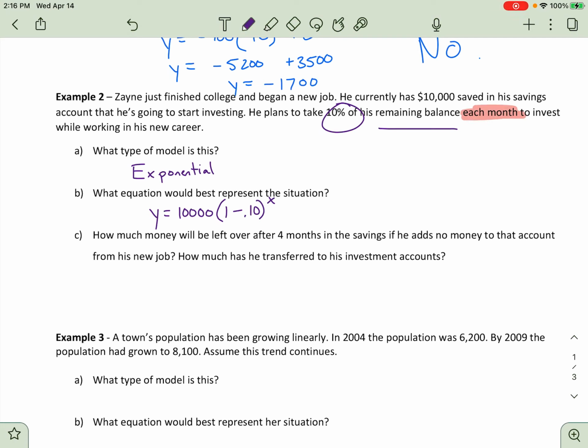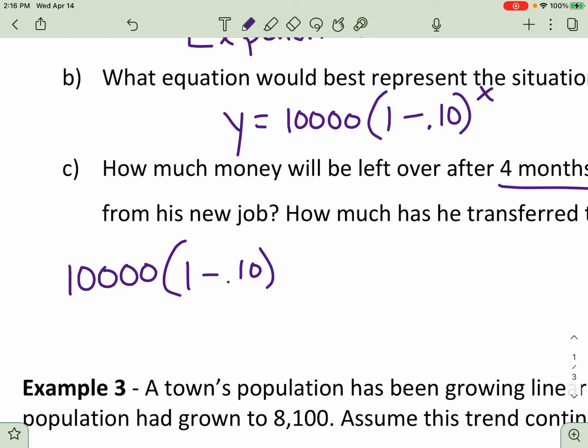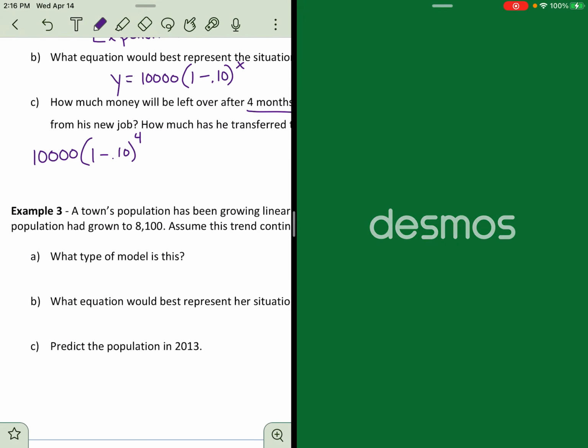How much money will be left over after 4 months in the savings if he adds no money to that account from his new job? And how much has he transferred to the investment accounts? This is a two-parter, so let's go ahead and use Desmos and plug this in. So 10,000 times 1 minus 0.10 to the 4th power, because that's how many months. Plug that in Desmos.